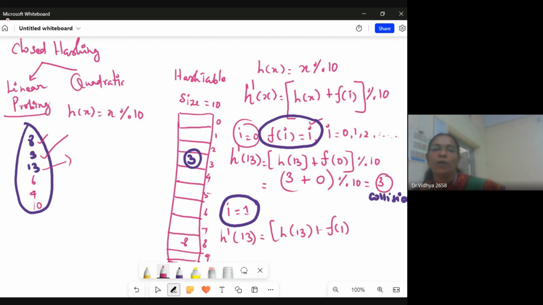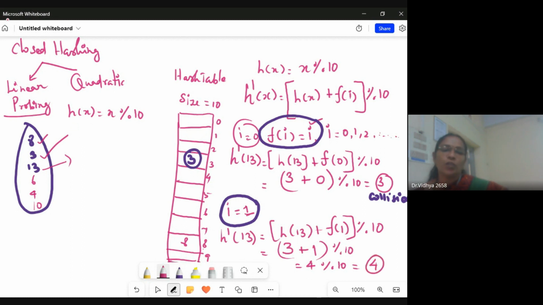Instead of 0 we place 1 here. h of 13 is obviously 3 plus f of 1, which as per the formula is I, so 1, then modulo division 10. 4 modulo division 10 will return the value 4. So based on this index value, we place the element 13 at index 4.